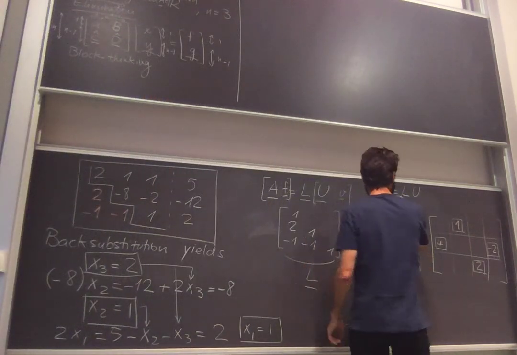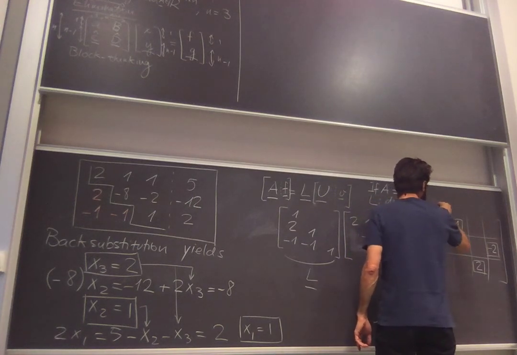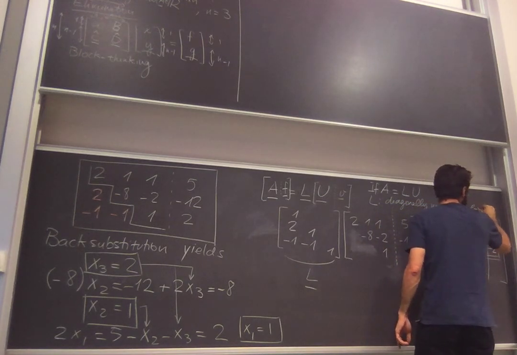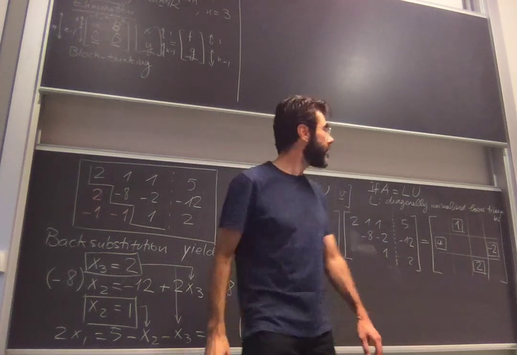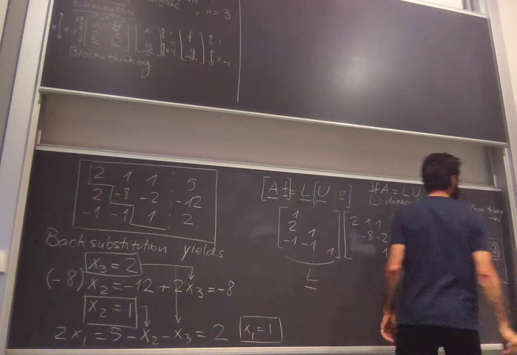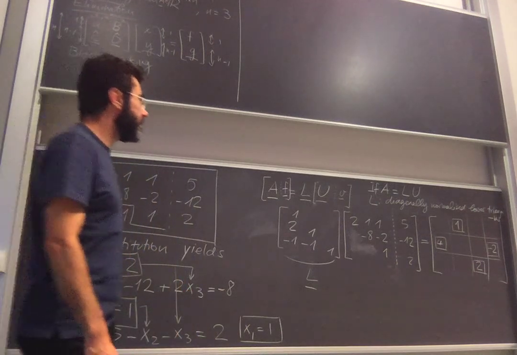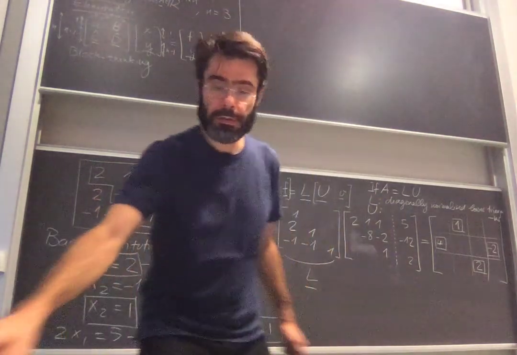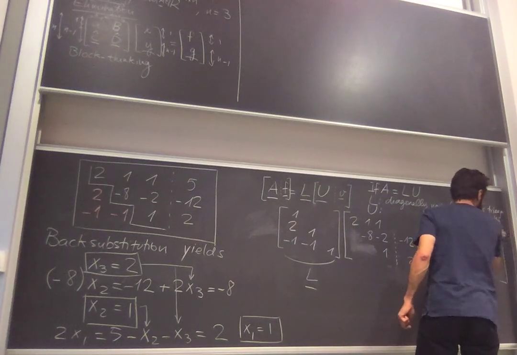Okay, so diagonally normalized lower triangular. And U, let me rub all this rubbish away.